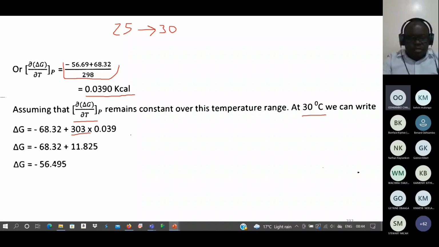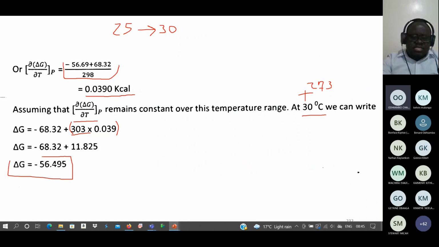Remember, this 303 you get when you add 273. So minus 68.32 plus 303 times 0.039. So here you get delta G equal to minus 56.495.